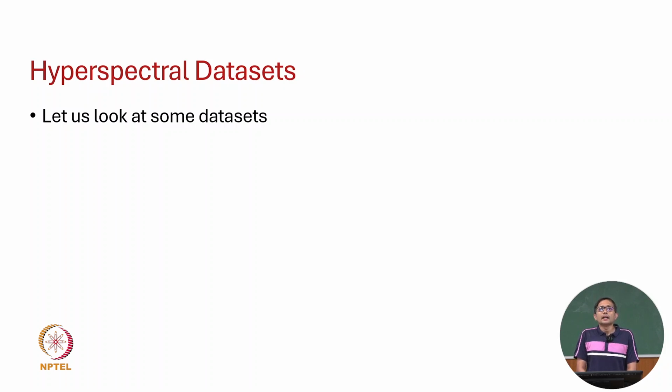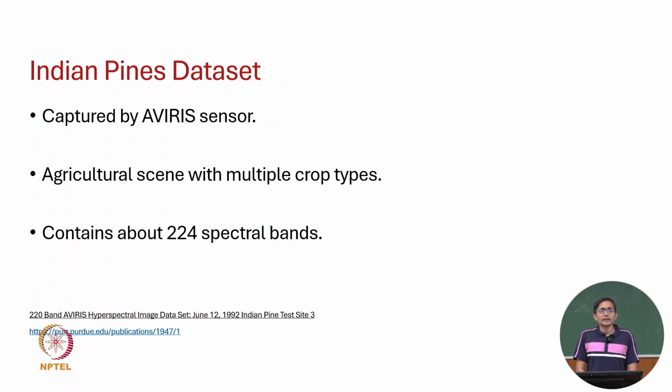Okay. Now, let us take a couple of minutes to look into a couple of hyperspectral datasets that have been used in many papers. One of them is the Indian Pines dataset. The Indian Pines dataset was captured by the AVIRIS sensor. It captures an agricultural scene with multiple crop types.